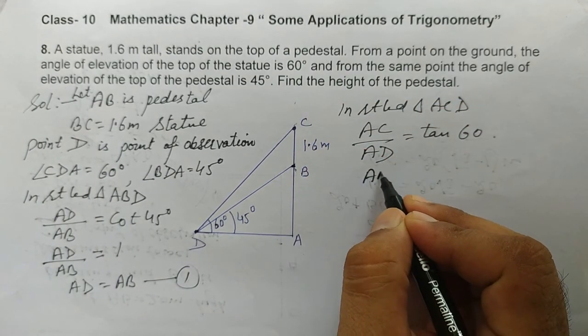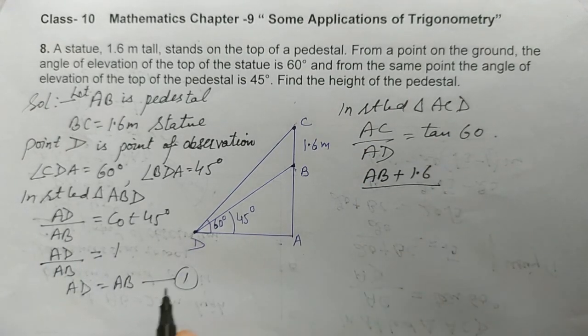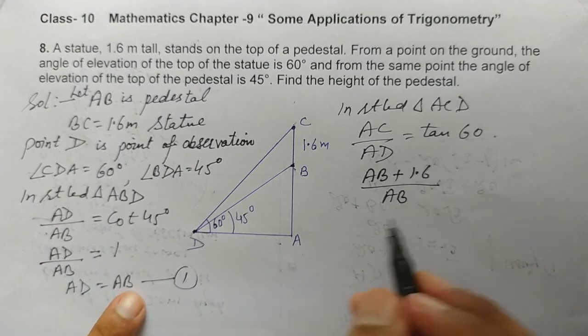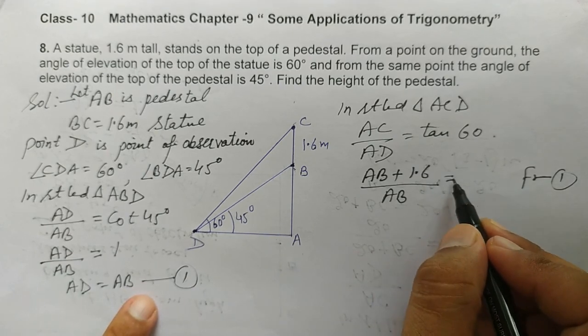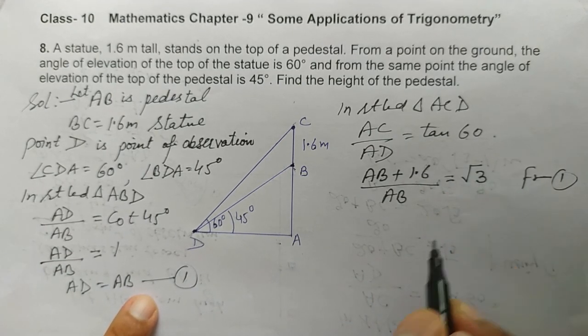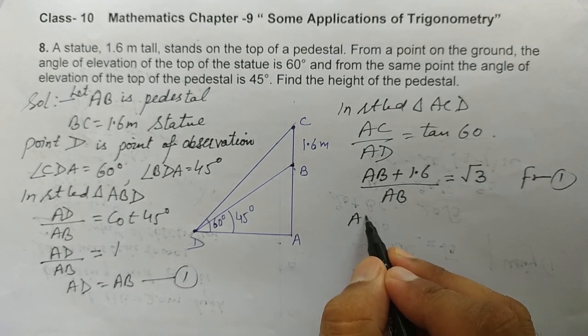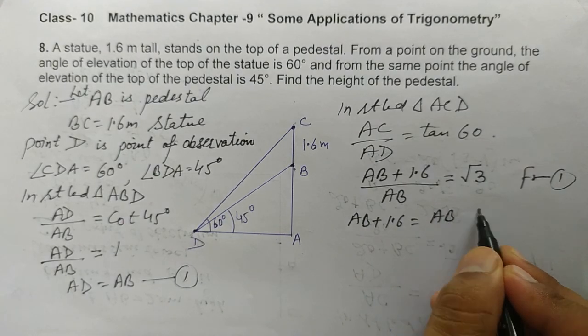So AC is AB plus BC. BC is 1.6, so I can write here over AD. Can I write AD as AB? Okay, because from equation 1 you can say that, right? So it is equal to tan 60, that is root 3. So now we'll cross multiply. So it becomes AB plus 1.6 is equal to AB root 3.